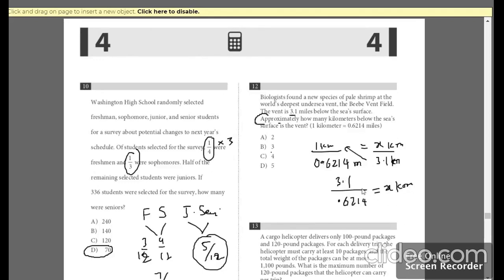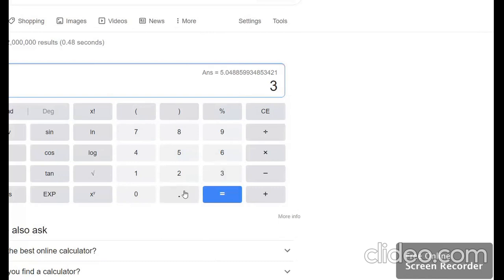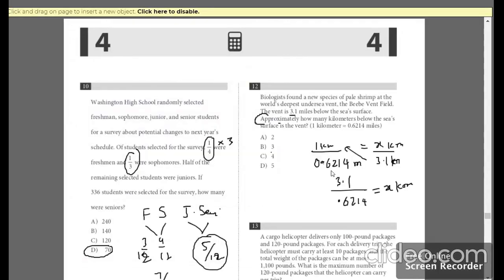If we just divide 3.1 by 0.6214, we'll get our answer. 3.1 divided by 0.6214, and it's going to be 4.9. As I said, it is approximately equal to 5, so that is our answer.